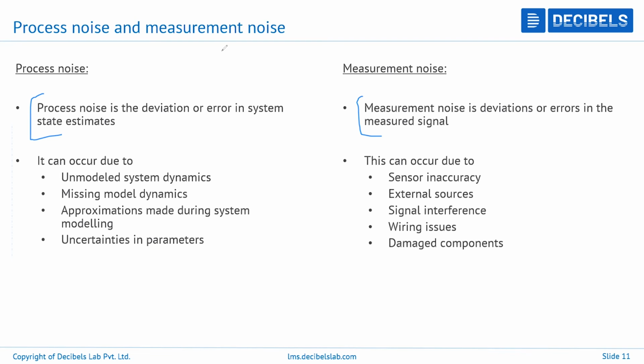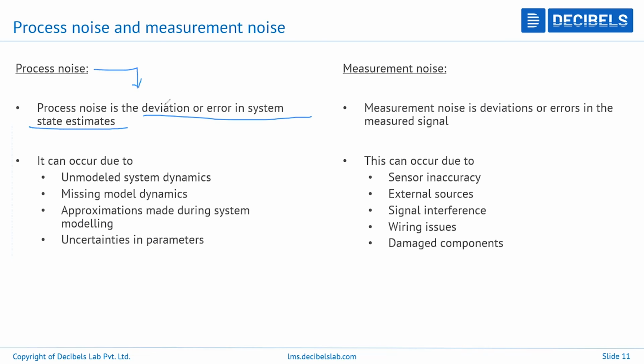To be quite honest, the definition of process noise and measurement noise is not exactly fixed, and there is no exact way to define it, because it purely depends upon what type of situation you're dealing with. But most generally, it is considered as deviation in the system behavior or system estimate. That is process noise.